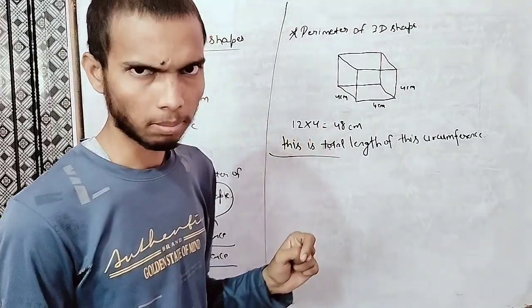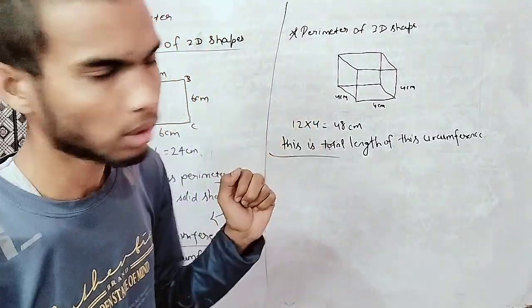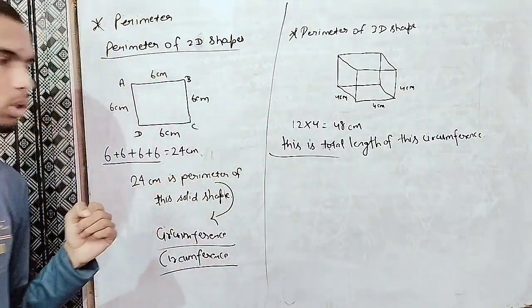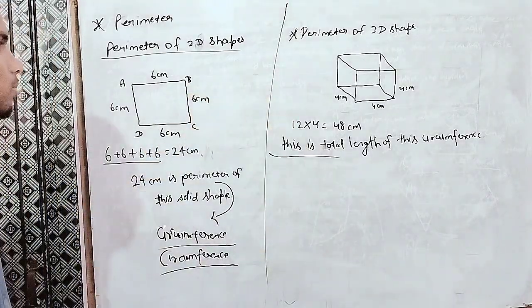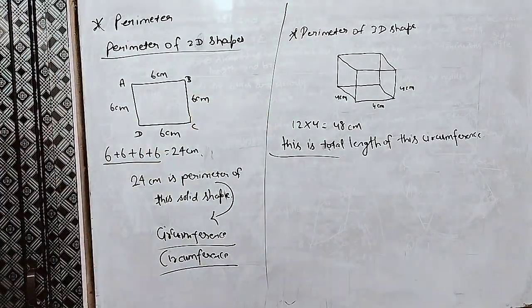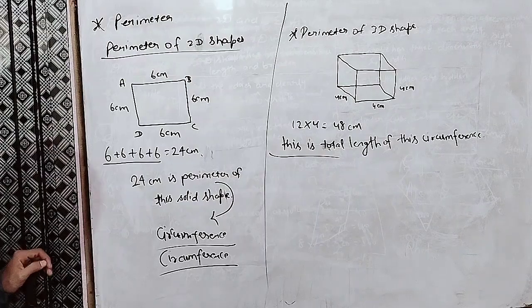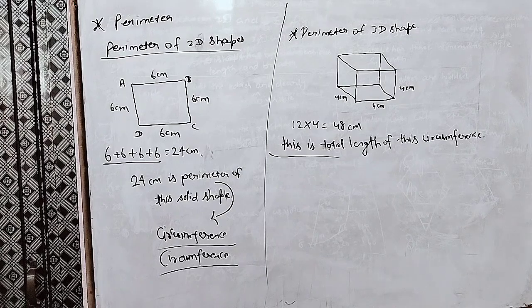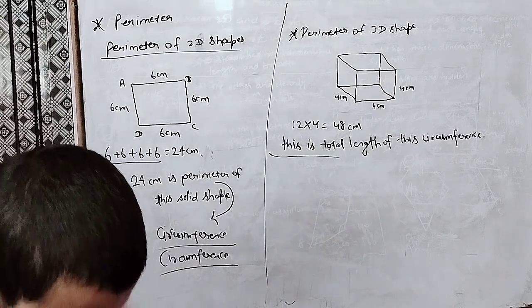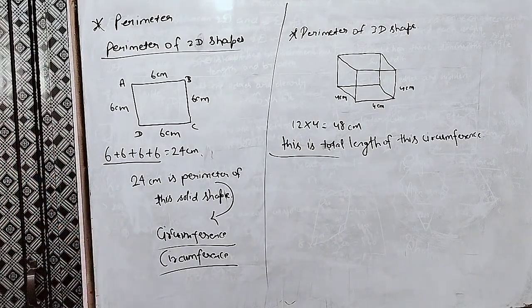Then we multiplied together, and the total length of the circumference of this 3D shape is 48 centimeters. I hope this is crystal clear for you. Now we understood here about perimeter.